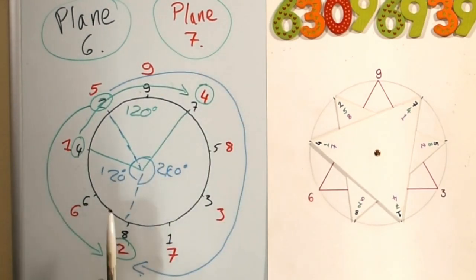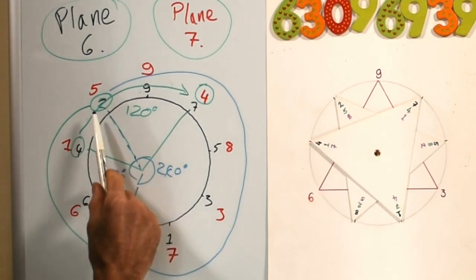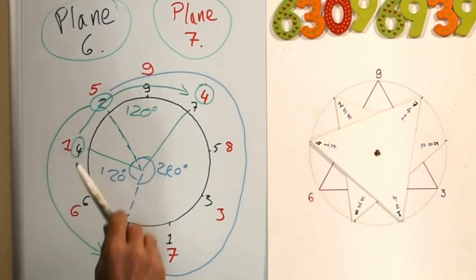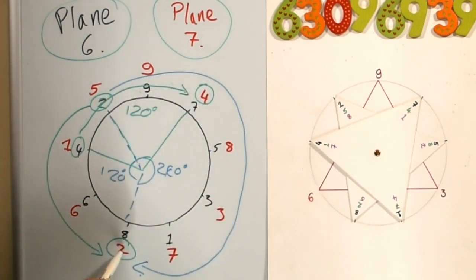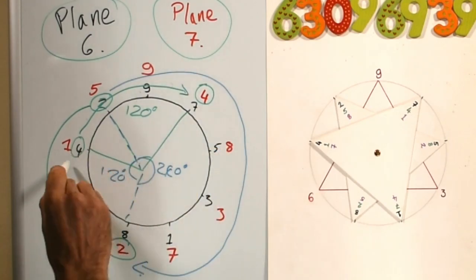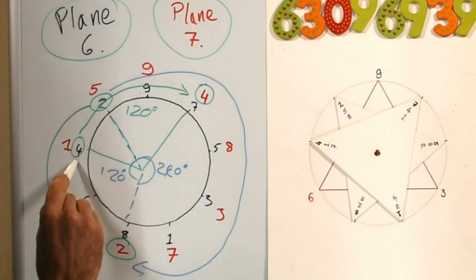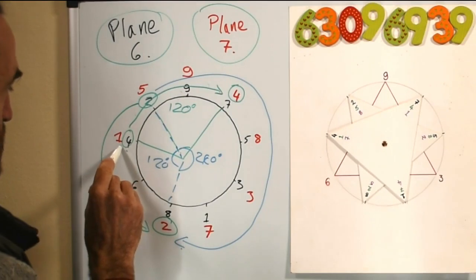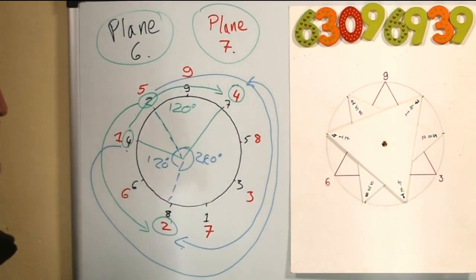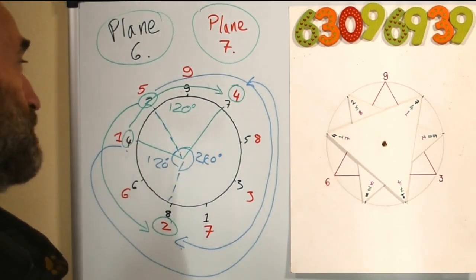But then let's assume that they're moving at the same speeds. Then this is going to get there in half the time that it would take the 2 to get there. So if the 2's doing 240, then maybe it would make more sense that the 4 as well would do 240 degrees to get there at the same time. And then they'd arrive at their new formation at the same time.